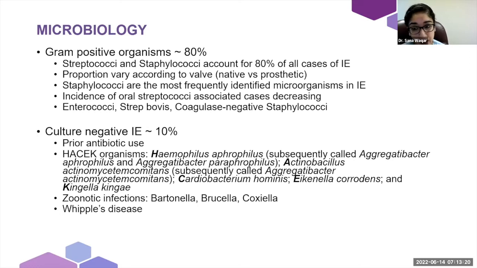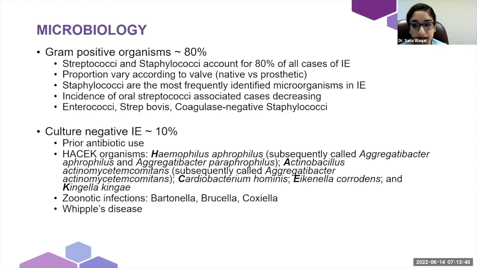That round is usually enough to make cultures negative. So if you're dealing with endocarditis, a history of recent antibiotic use is very important, even if it was a course of amoxicillin or a Z-Pak, which is azithromycin. It is important to figure out whether this is culture-negative endocarditis because of prior antibiotic use.